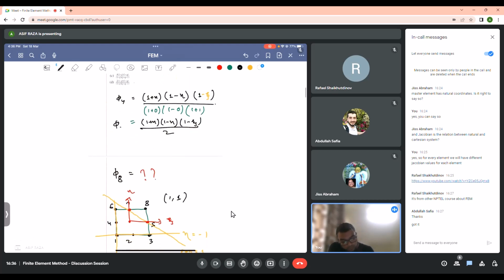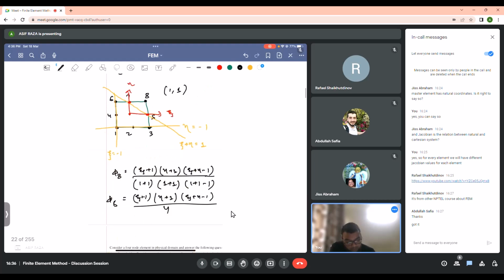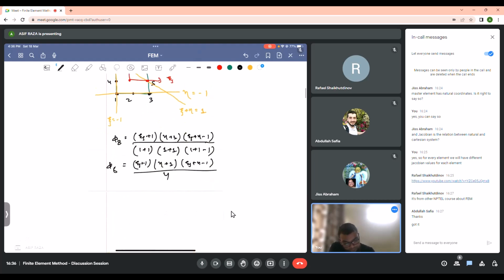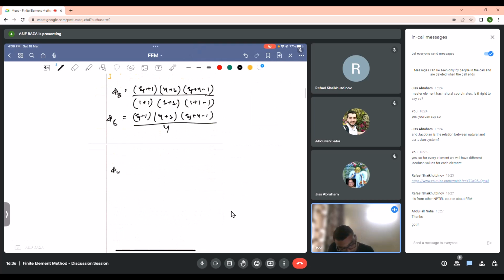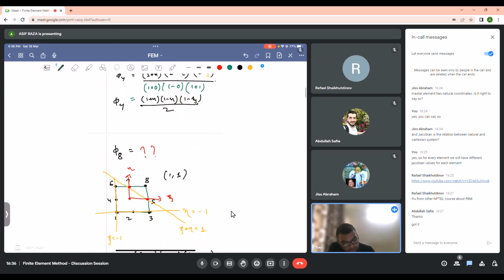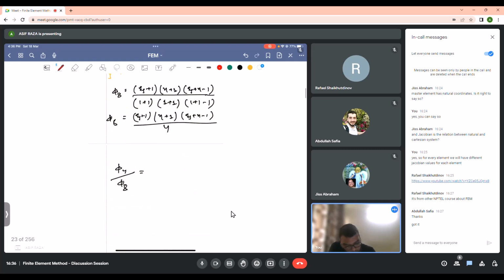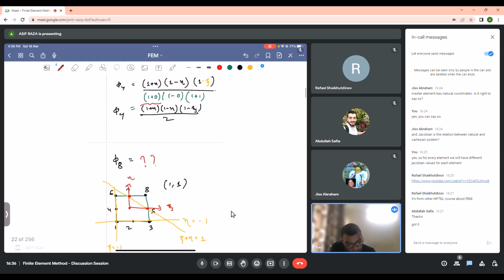So we now have the expression of phi 4 and phi 8. We need phi 4 upon phi 8, right? So the common terms, 1 plus xi and 1 plus eta, can be removed directly.